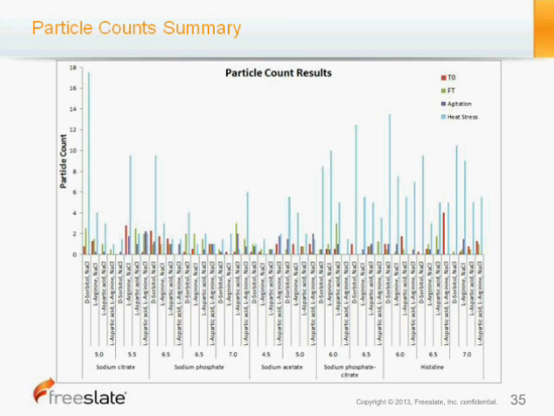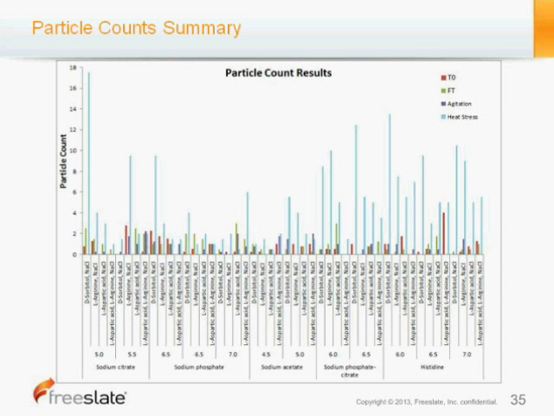Upon freeze-thaw, there were maybe a few more particles on average, but really not a visible particle increase. Agitation was very similar. However, upon the heat stressing, we do see very significant particle counts, especially in citrate-containing formulation systems, and also the histidine formulation system.